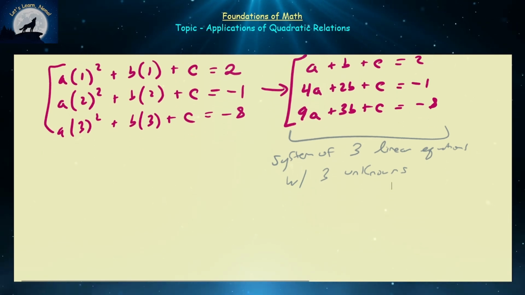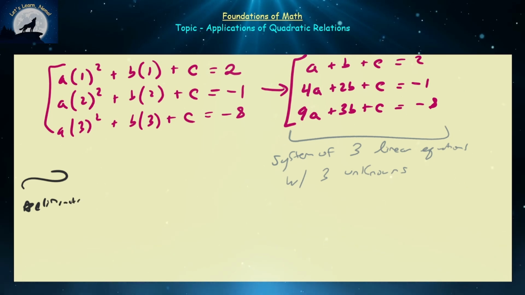So how are we going to solve a system of 3 equations and 3 unknowns? We're going to use a method known as elimination. I have some other videos in my linear algebra series that go through what's going on here, but I'll give you a little sneak peek as to how elimination can be used to solve 3 by 3, 4 by 4, or even 10 by 10 systems of linear equations with multiple unknowns.